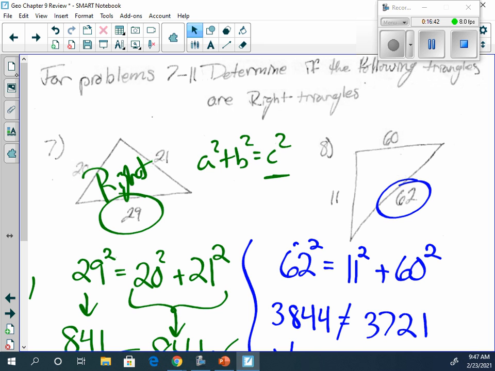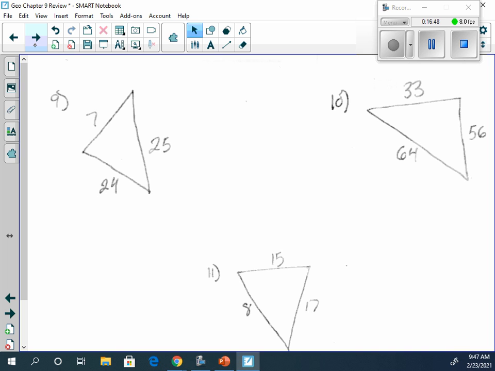We could plug them in to see if it works. That's what we would do with these here also: plug them in for a, b, and c, and see, does it give us a true statement? Does a squared plus b squared equal c squared? Does anybody need to see another problem of one of these here?